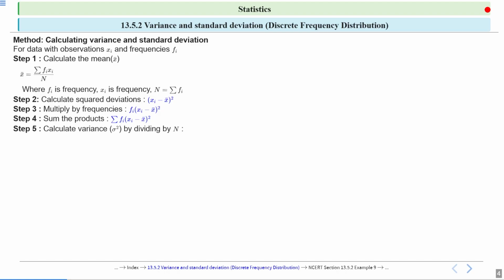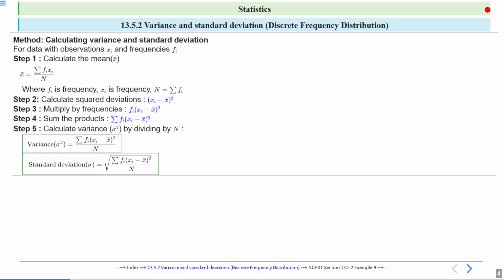So we do this by dividing the total square deviation by n. The total number n is basically the total number of observations. So variance sigma squared equal to sum of fi times xi minus x bar whole square divided by n.